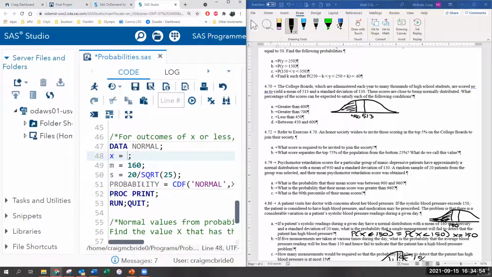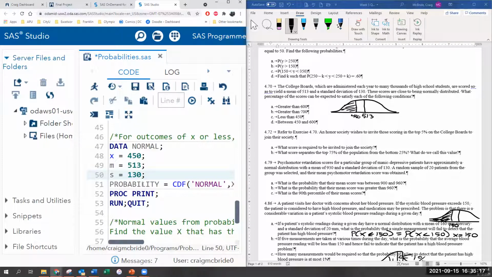Our point of interest, our X value, is 450. Our mean is 513. And our standard deviation is 130, and we're not making any adjustments because we're just choosing one thing.